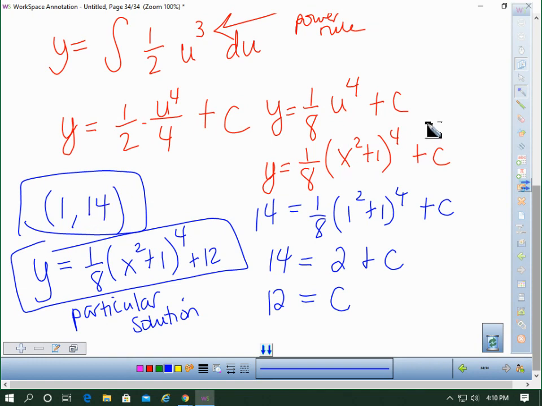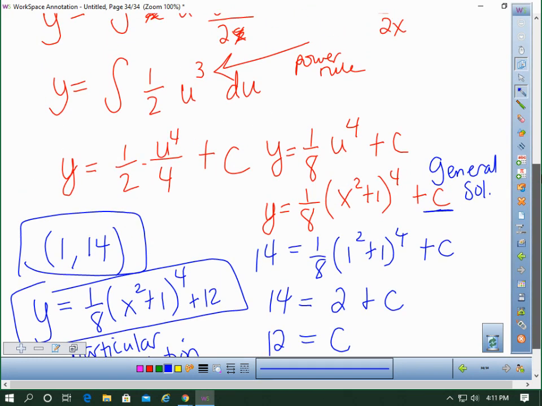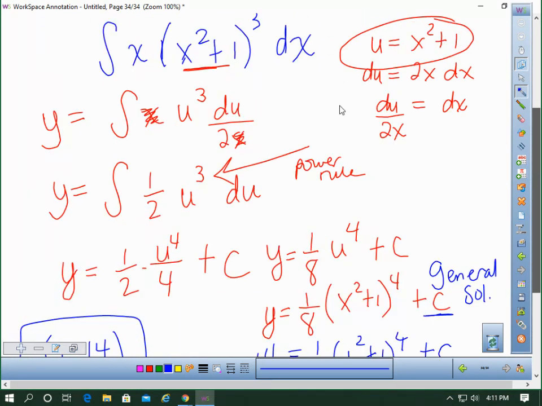So this one here is your general solution, because this means we have an infinite number of answers, because the constant can be a million billion things. So there's an infinite number of solutions to your general solution for the solving of an antiderivative.